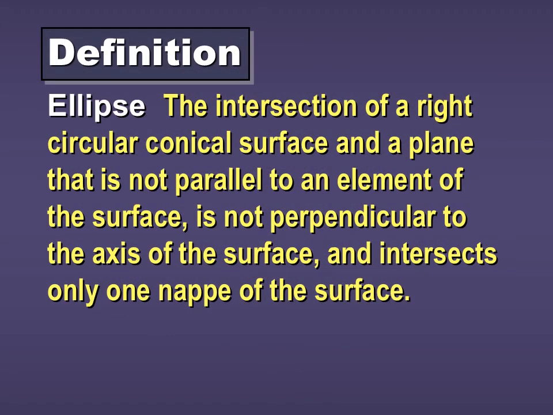So now let's get the definitions of the other intersections that we're going to learn in this chapter. There's something called the ellipse, and that's the intersection of that conical surface and a plane that is not parallel to an element of the surface, and it's not perpendicular to the axis. It intersects only one nappe of the surface.